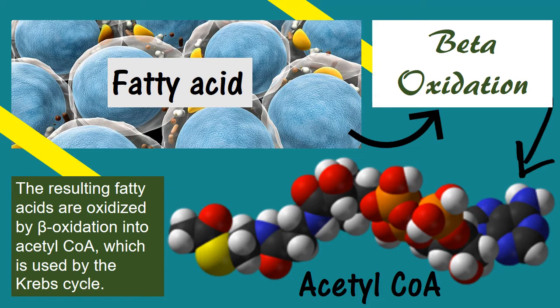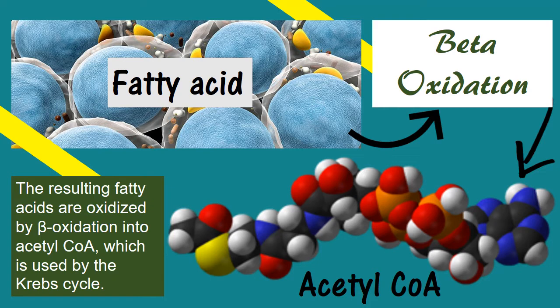Because one triglyceride molecule yields three fatty acid molecules with as much as 16 or more carbons in each one, fat molecules yield more energy than carbohydrates and are an important source of energy for the human body. Triglycerides yield more than twice the energy per unit mass when compared to carbohydrates and proteins.